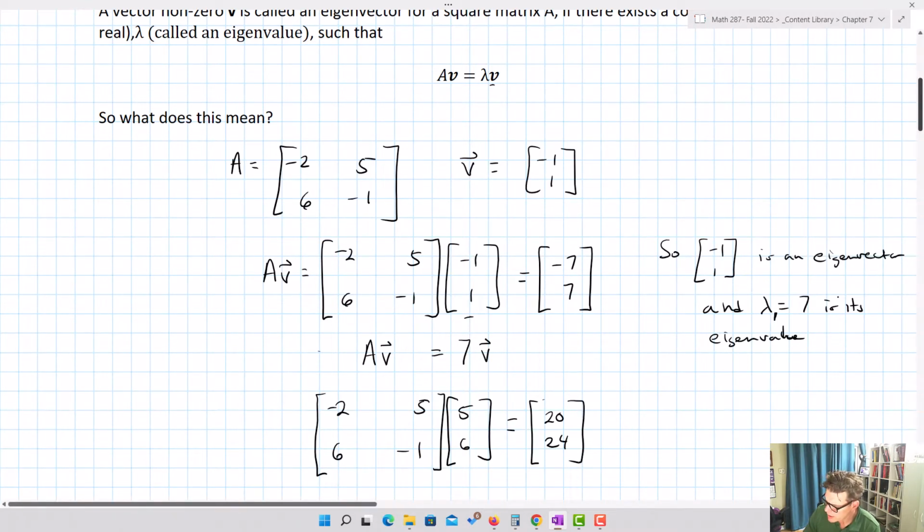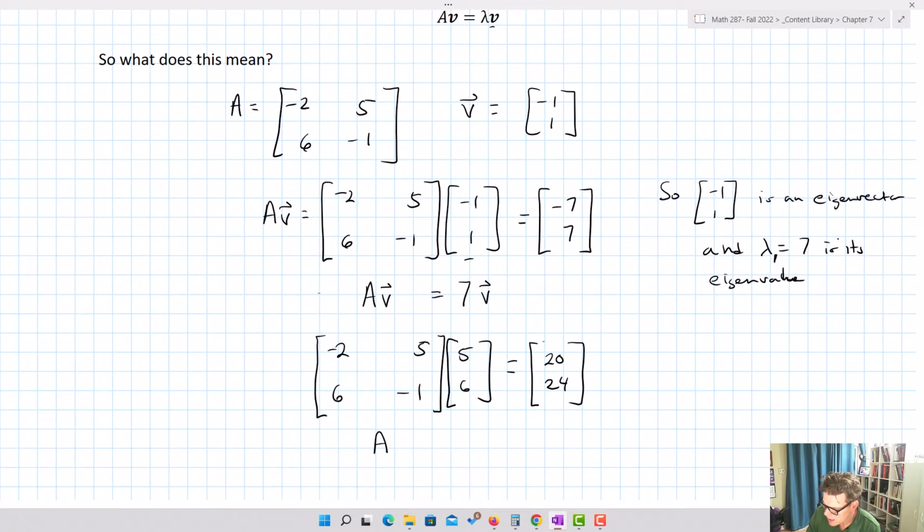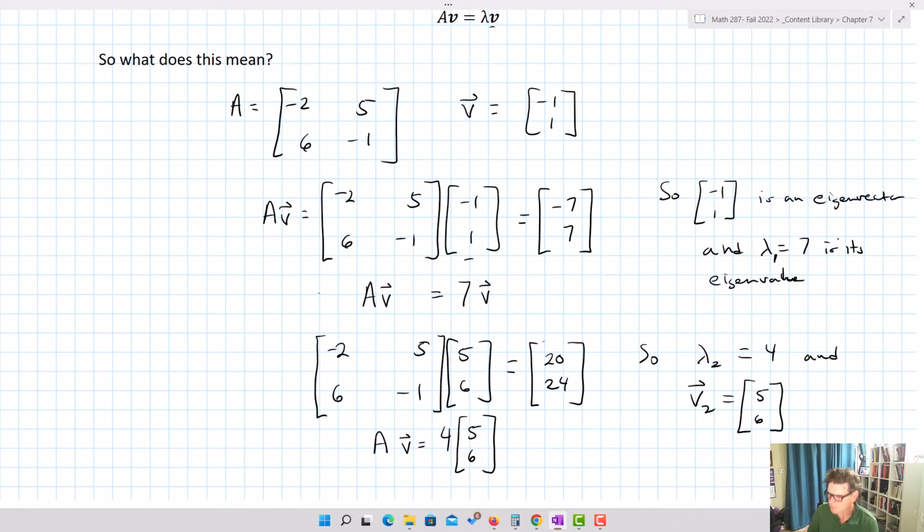What you'll notice is that AV, my matrix times V, is equal to 4 times [5, 6], which is my vector V. So lambda 2, my eigenvalue, is equal to 4, and we'll call this V2. My other eigenvector is [5, 6]. That gives you an idea of what it is to be an eigenvector and an eigenvalue.